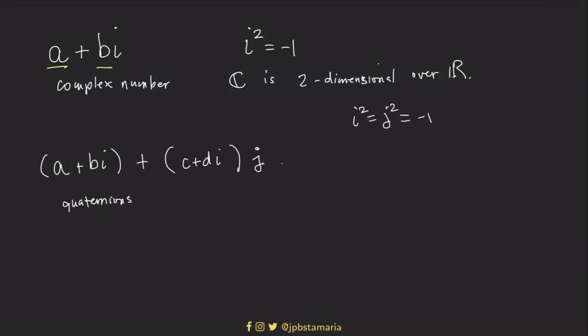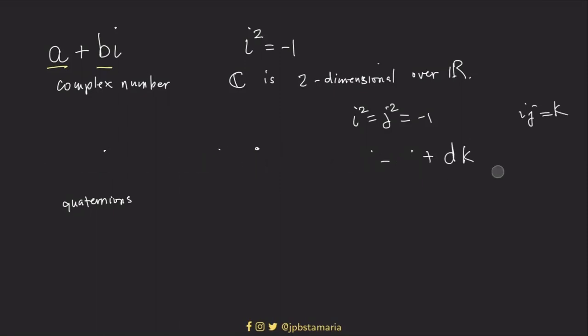And pag sinimplify mo to magiging A plus BI plus CJ plus DIJ. Nagkaroon ka ngayon ng DIJ. Tapos yung IJ na ito, dinidefine natin siya as some other constant, as some other symbol K. So technically, a quaternion is just a 4-dimensional, parang complex number pero 4-dimensional.